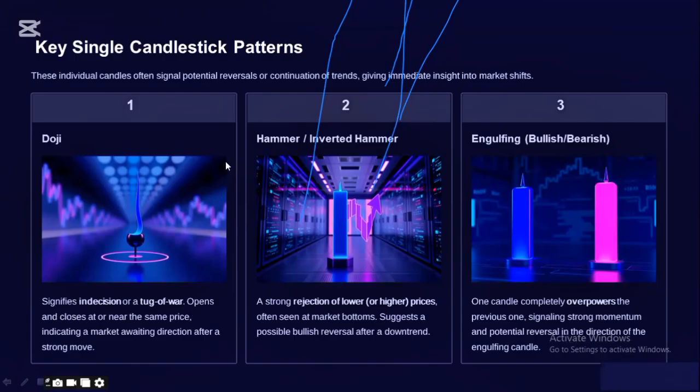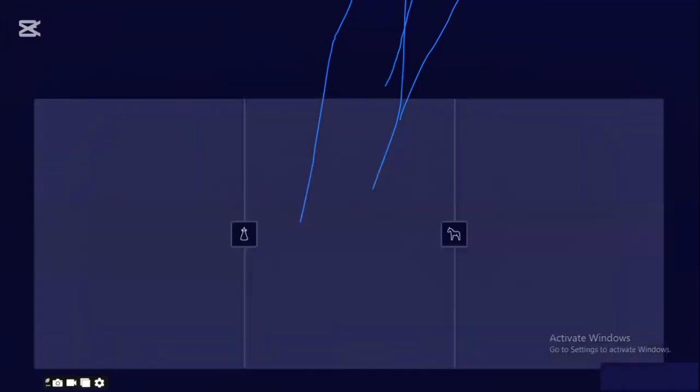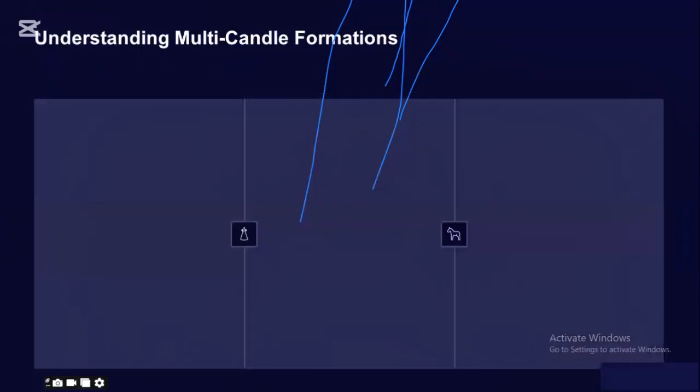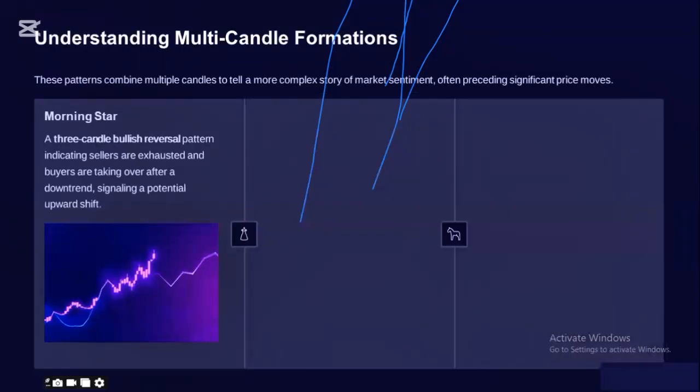It opens and closes at about the same price, as I explained there. The inverted hammer is the same thing. An engulfing candle means we have extreme buying pressure or selling pressure depending on the candlestick that appears, whether a bullish engulfing candle or a bearish engulfing candle.